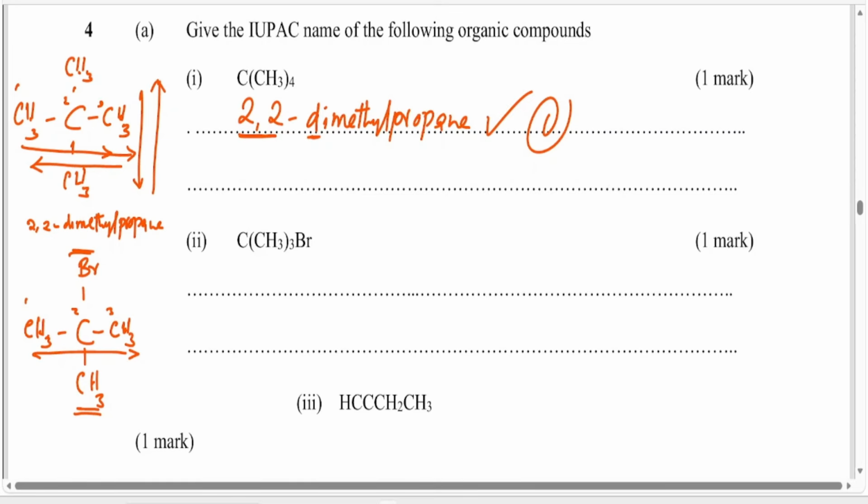So it is a propane, that is the parent chain, and just 2 different branches: bromo and methyl. B comes before M, so I'm going to have 2-bromo-2-methyl propane, and again this gives you 1 mark.